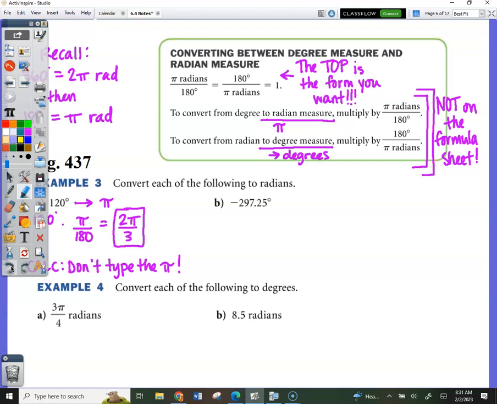If it's in degrees, you're going to see the degree symbol without the pi, right? So if you're going to radian measure, the pi needs to be in the top of the fraction. If you're going to degrees, then the 180 needs to be in the top of the fraction. So whatever you're trying to go to needs to be in the top of the fraction.